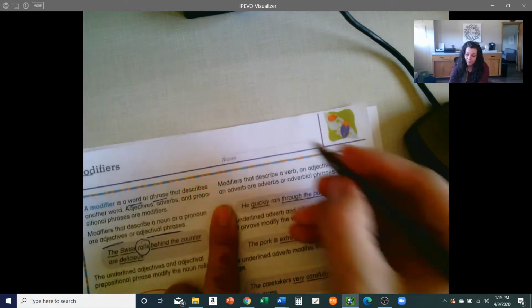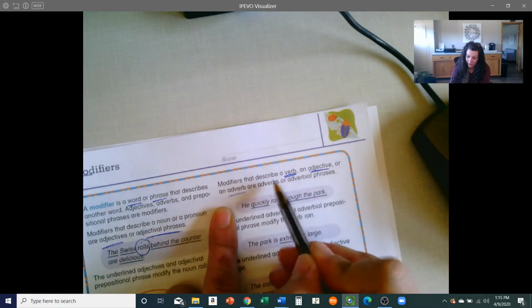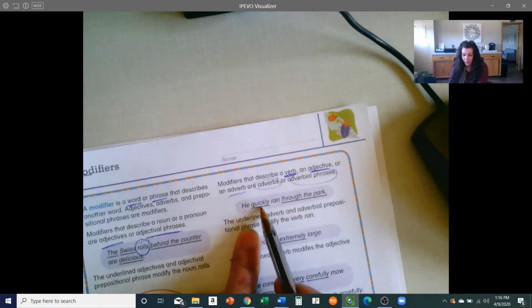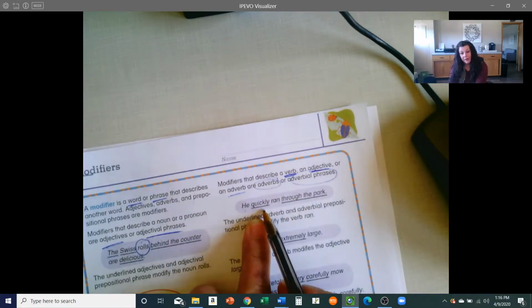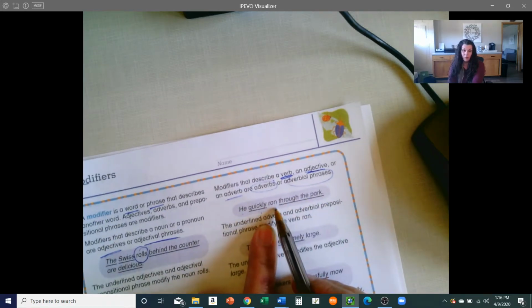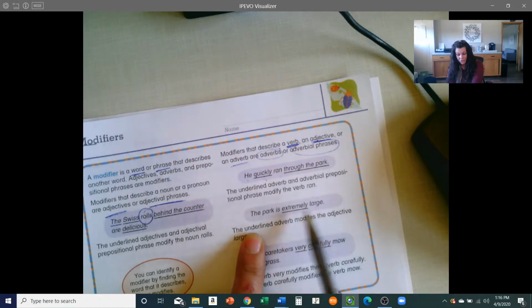Modifiers that describe a verb, an adjective, or an adverb are adverbs or adverbial phrases. So he quickly ran through the park. Quickly tells how he ran, and through the park tells where he ran. The park is extremely large.